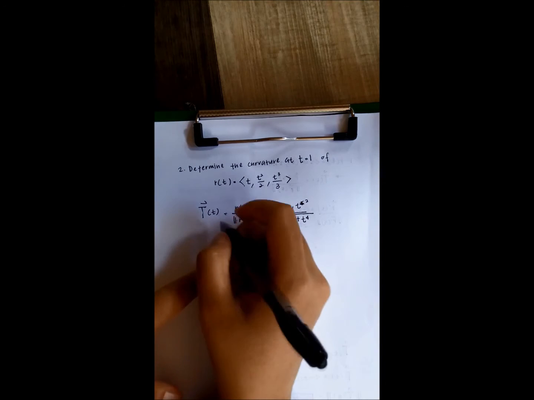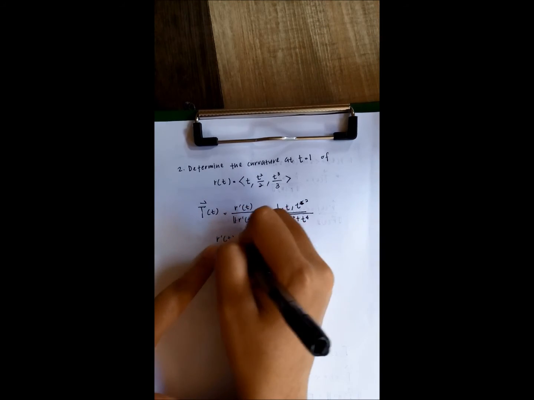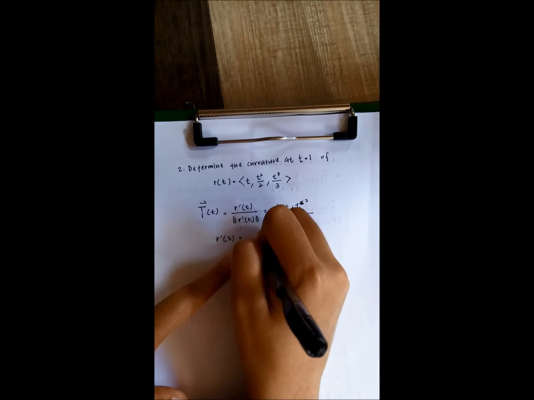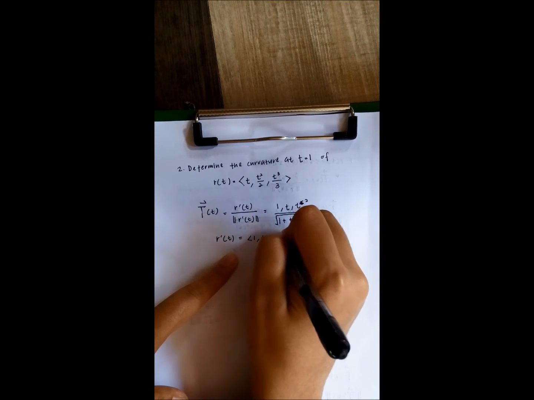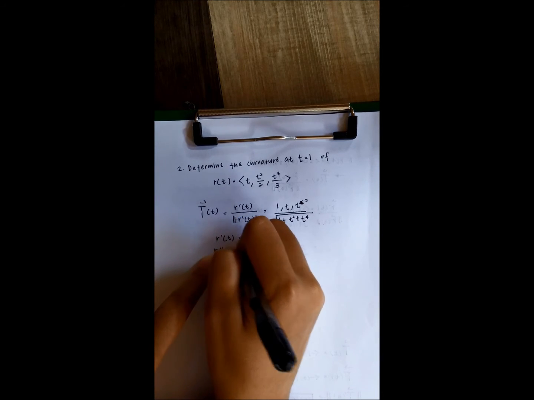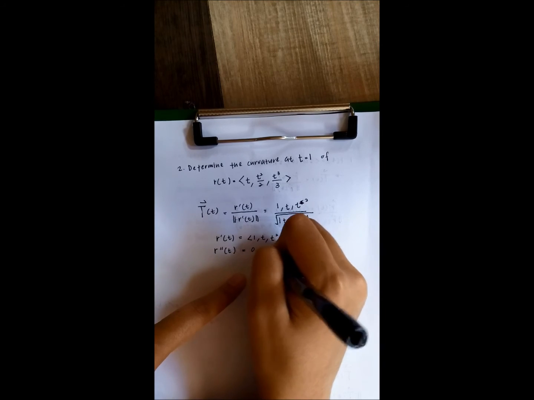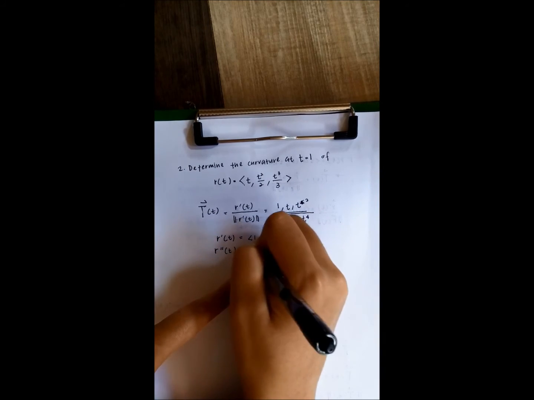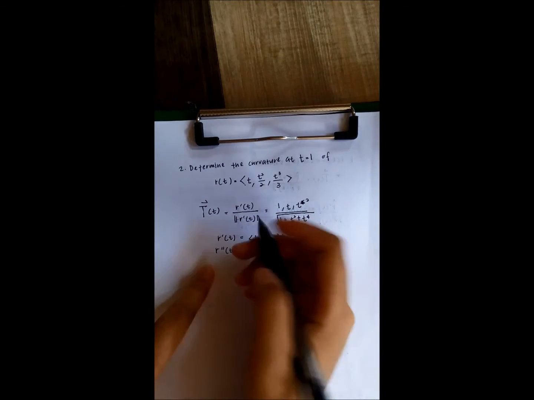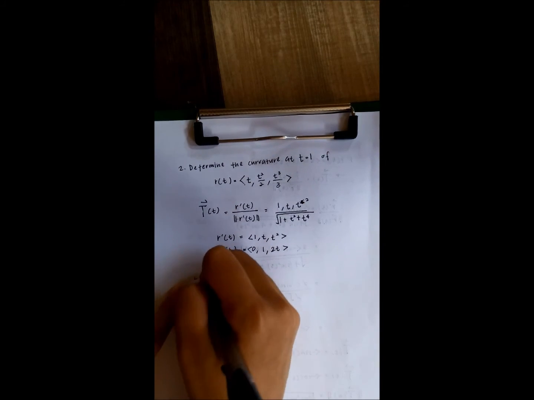So the first derivative of r(t) is 1, t and t square, while the second derivative is 0, 1 and 2t. From both, we need to do a cross product.